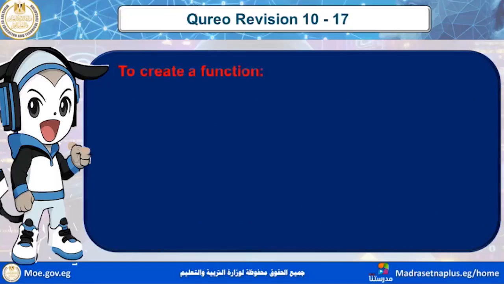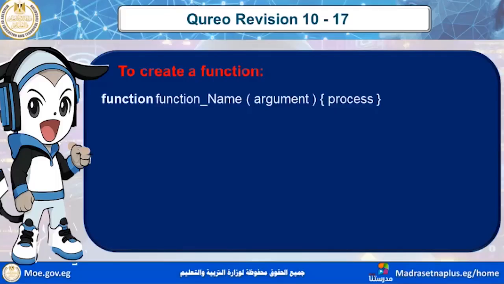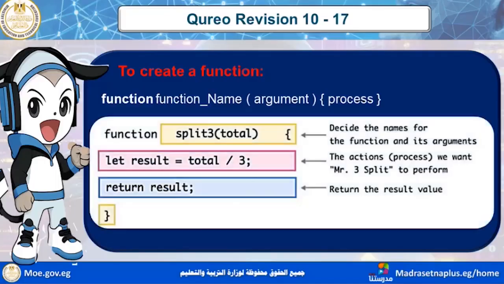How to create a function? To create a function, you must write the keyword function, then followed by the function name, and then write the arguments we need to apply the function for, and then write the process. For example, here is a program called split3.